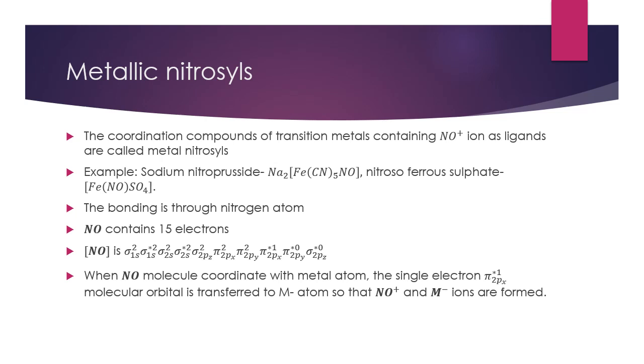Since the oxygen atom is more electronegative than the nitrogen atom, it is the nitrogen atom of NO plus which coordinates with the metal ion. On the basis of MO theory, we can explain the bonding in these metallic nitrosyl compounds.